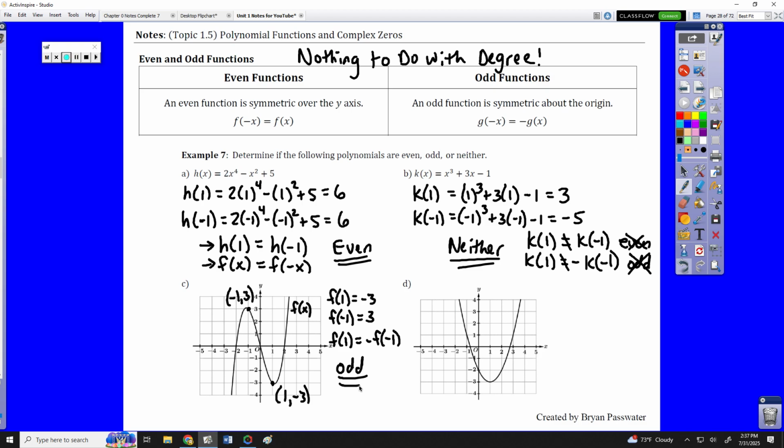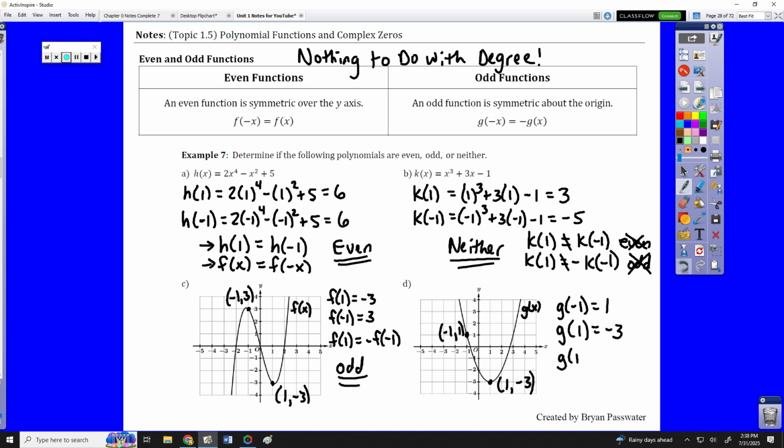D, we are not so lucky. It's actually fairly easy to do as well. Again, we look at when x equals negative 1, what's the output? When x equals positive 1, what's the output? Well, again, I don't know what this function's called, so we'll call it g of x. G of negative 1 is 1. G of positive 1 is negative 3.